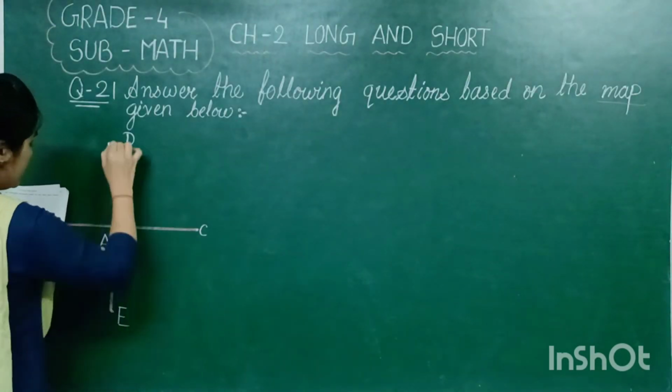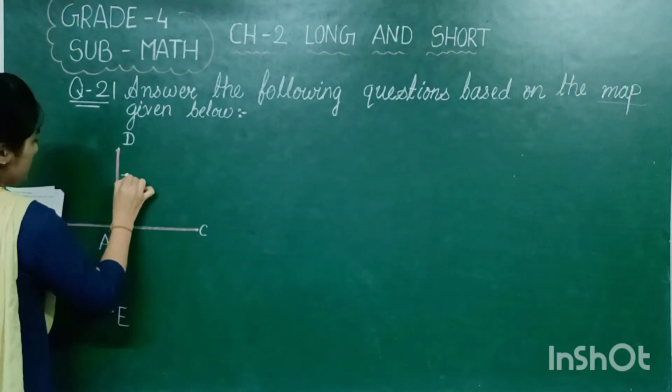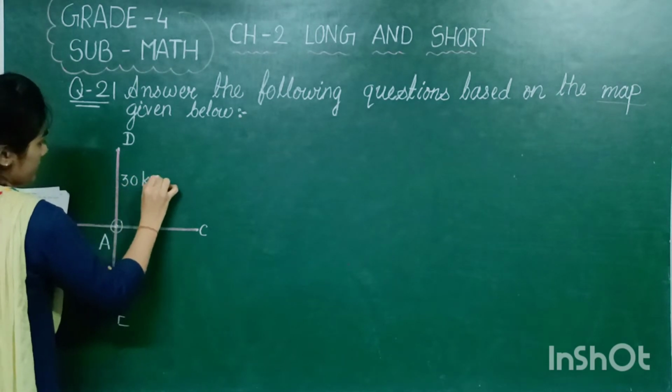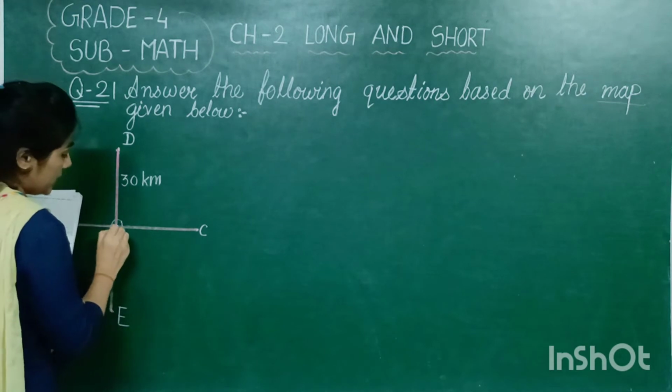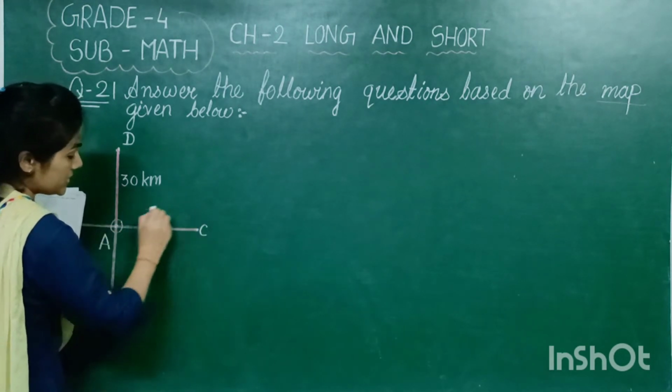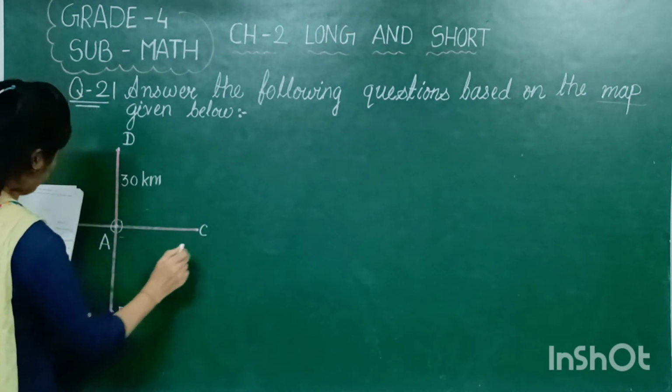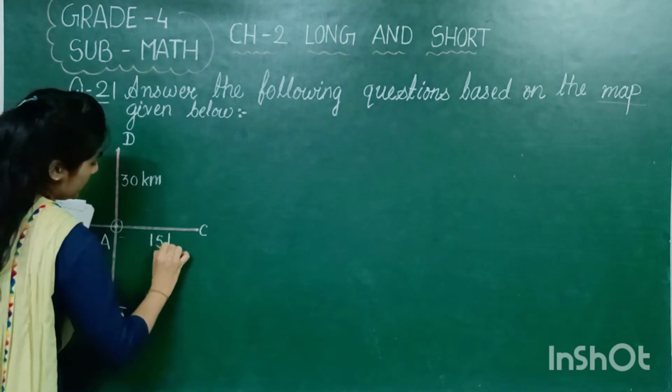Between A and B, the distance is given. This is 30 kilometer, means this distance is 30 kilometer. Now between A and C points, this distance is 15 kilometer.